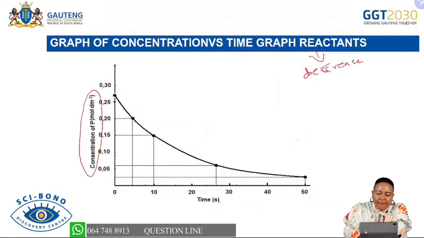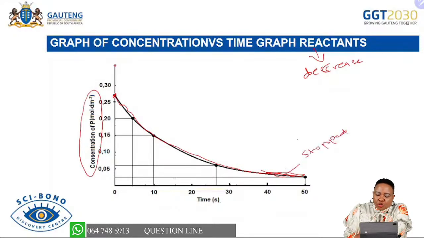So here, this is the graph that shows the change in the concentration of the reactant. You can see that it is starting at a higher concentration and the concentration decreases until the line is straight here. And when the line is straight here, we are saying the reaction has stopped.